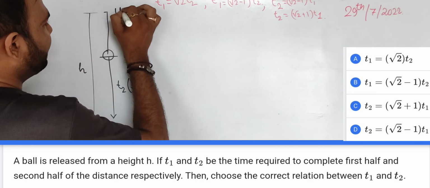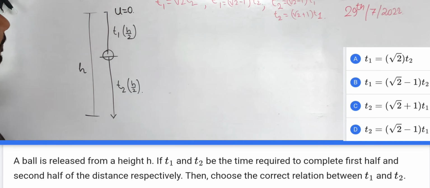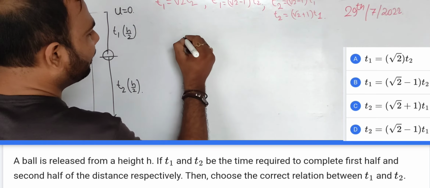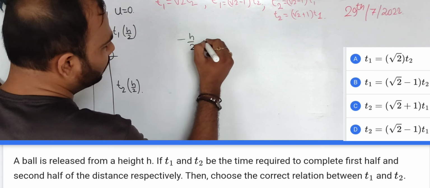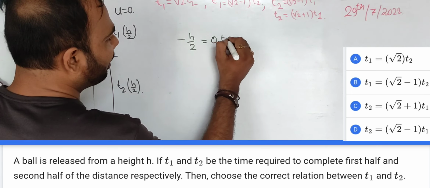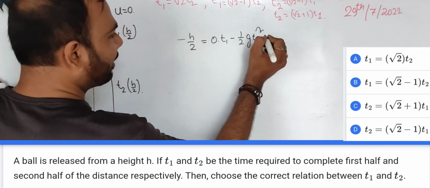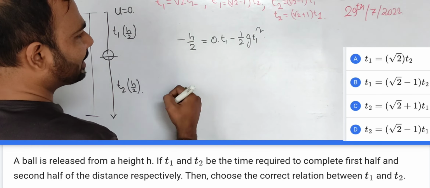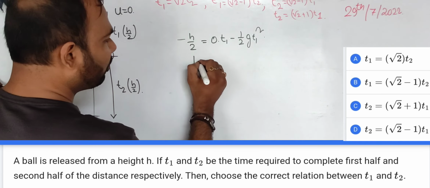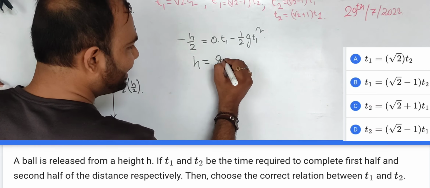In the first half, initial velocity is 0. Using this relation, we can write minus h by 2 equals 0 into t1 minus half g t1 square. Minus gets cancelled, 2 gets cancelled, and we get h equals g t1 square.